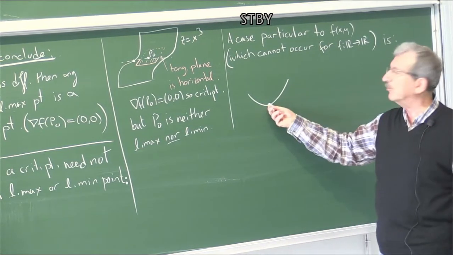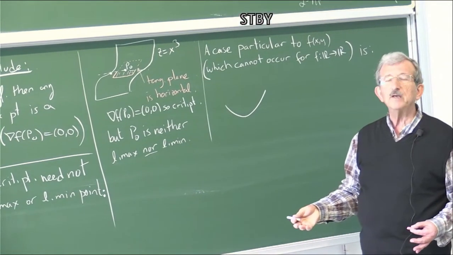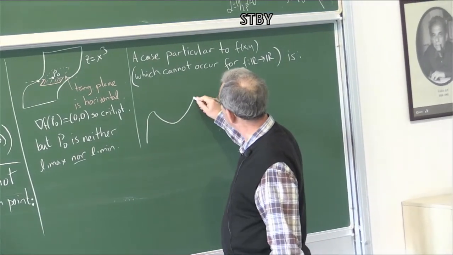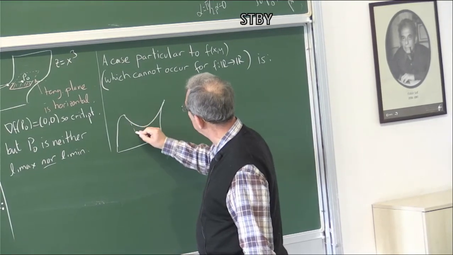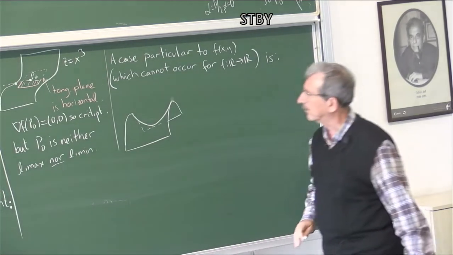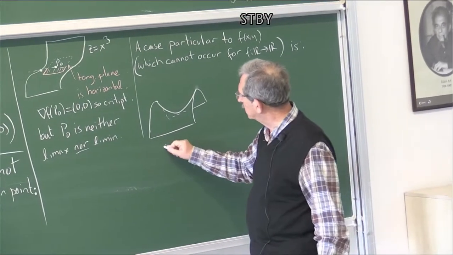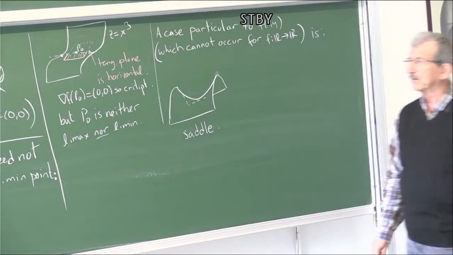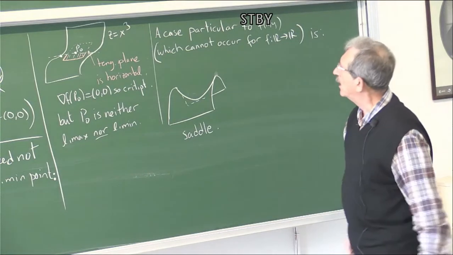Obviously, you have a minimum here, and that's all. But think of this in two variables. So consider this. As you can imagine, it's a saddle, the thing you put on a horse if you want to mount a horse.